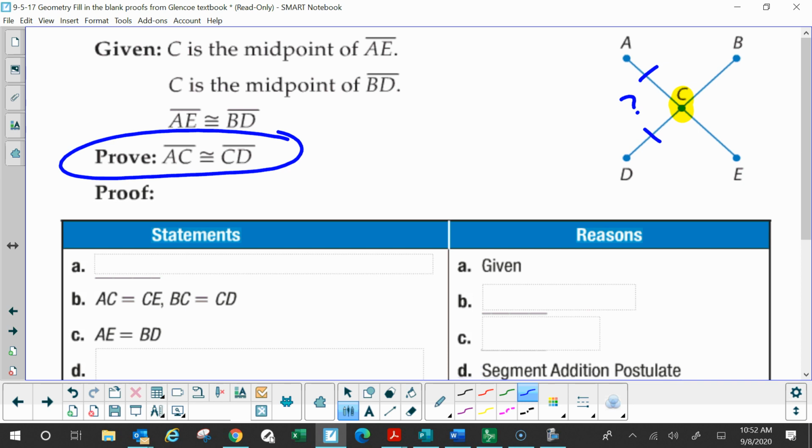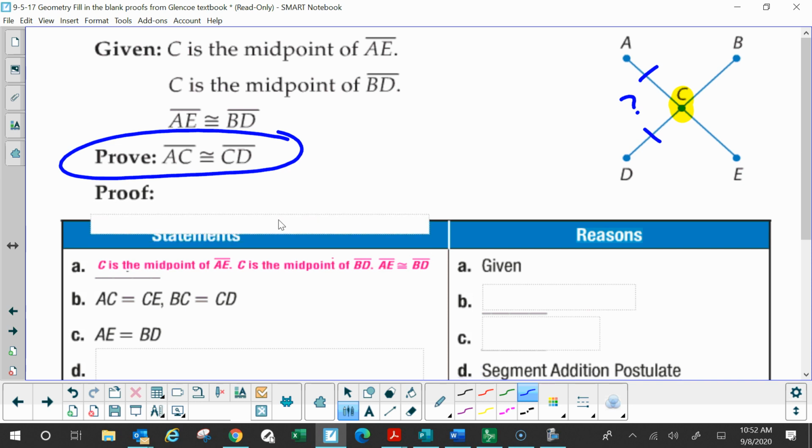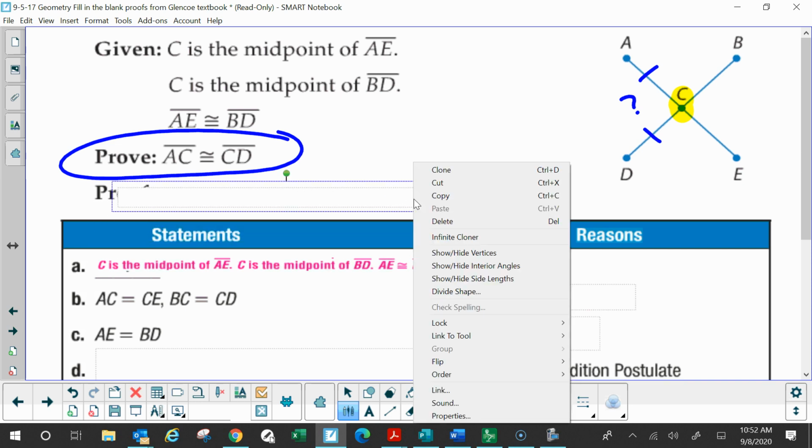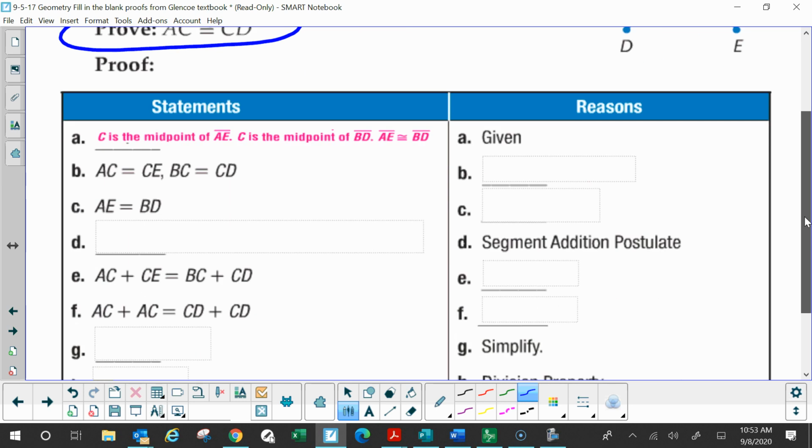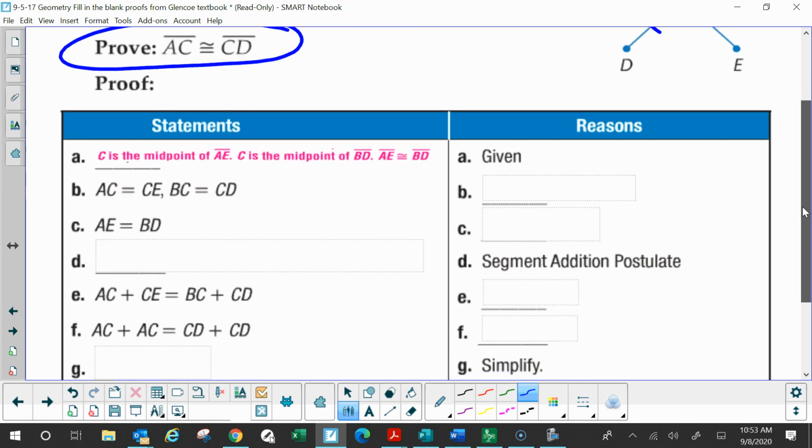So your first statement, what is that? Given. All that information: C is the midpoint of AE, C is the midpoint of BD, and AE equals BD. All that information is your given information. And then fill in what you're trying to prove.